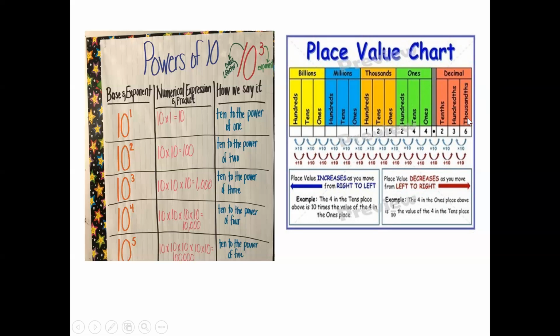Now, it's very important for you to understand the values of thousandths, hundredths, and tenths, because these are pieces of a whole, okay? So just like I can have a whole dollar, or I can have 10 cents, which is 1/10 of a dollar, right? Or I can have a penny, which is 1 cent, or 1/100th of a dollar, meaning it would take 100 of those pennies to give me 1 whole dollar, or it would take 10 of those 10 cent dimes to give me 1 whole dollar.